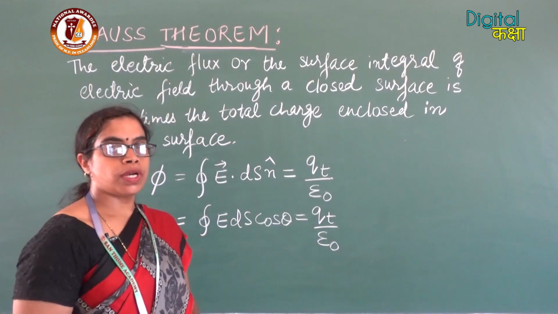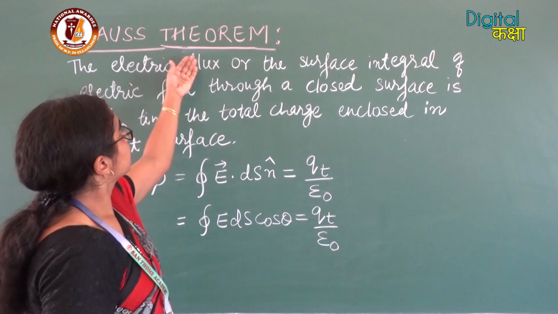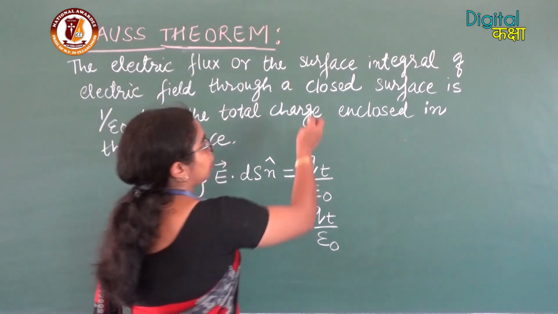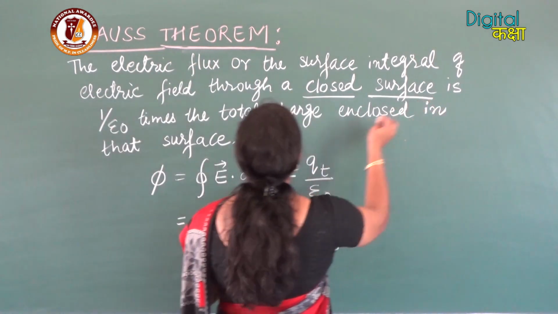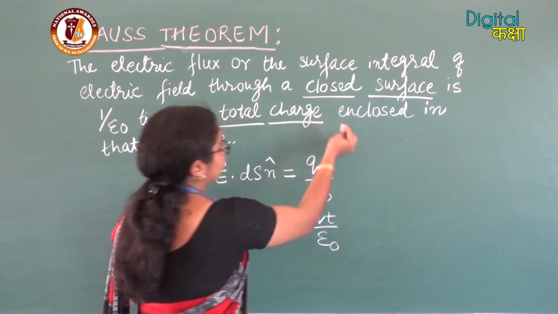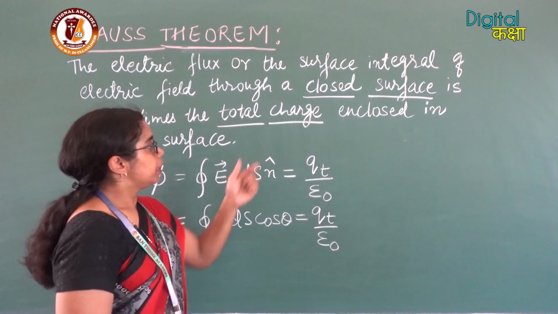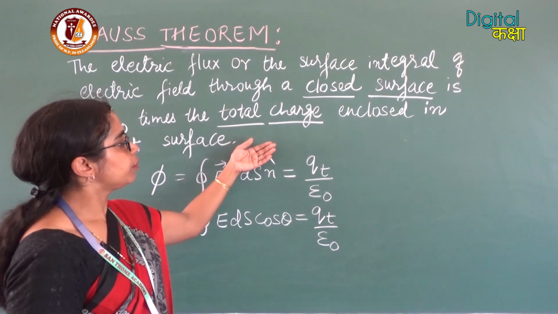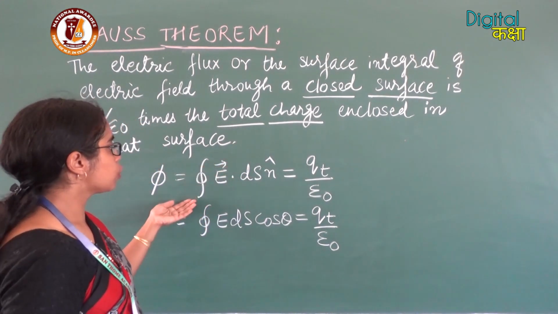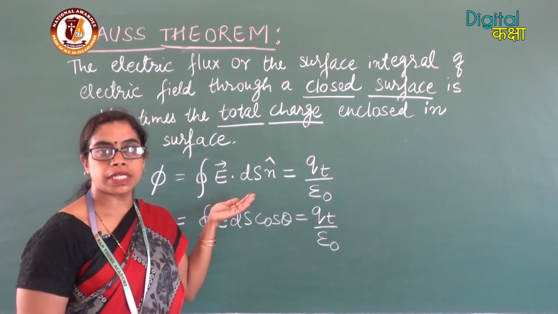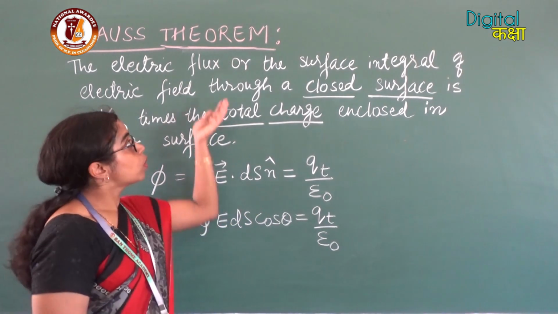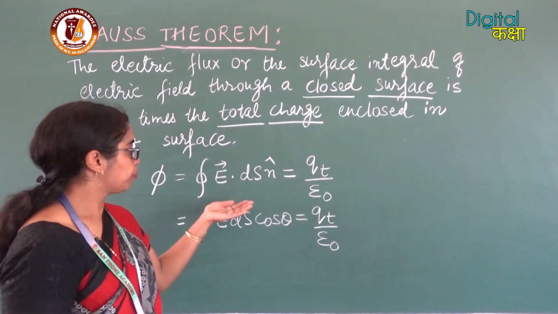Let us come to know now what Gauss theorem is. Here I just underline two words here and two words here, and the significance of these words is to be understood in the mathematical representation of the Gauss theorem statement.